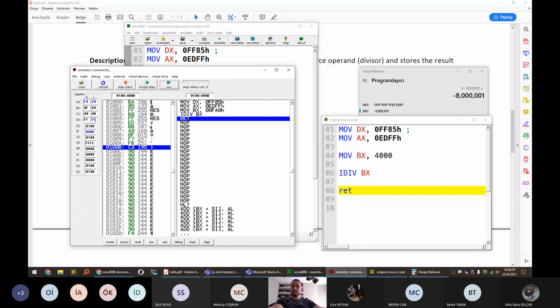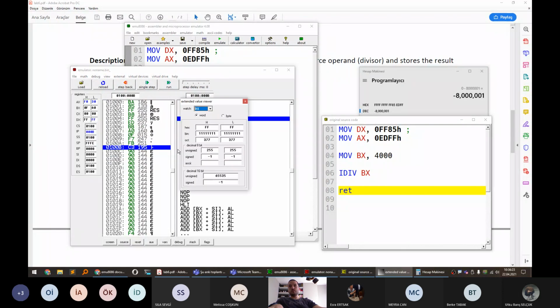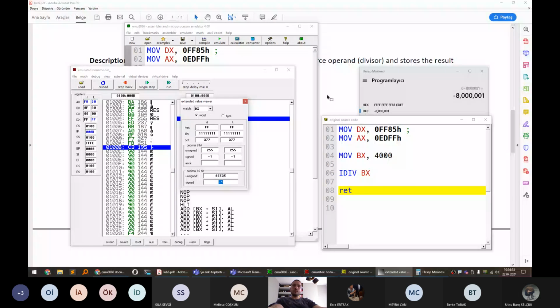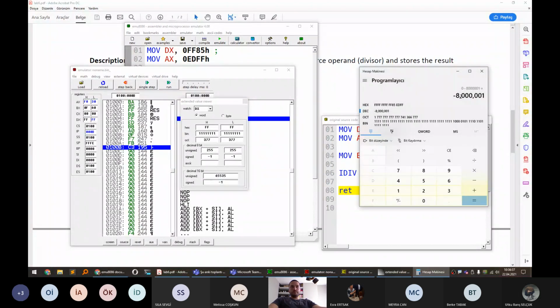This is actually -1. If you open this in 16-bit and look at the signed value, it is -1. FFFF is -1. So the remainder, if we divide 8,000,001 with 4,000, will be -1.